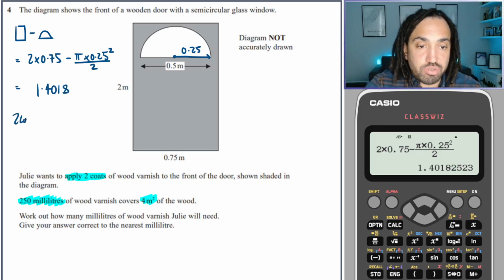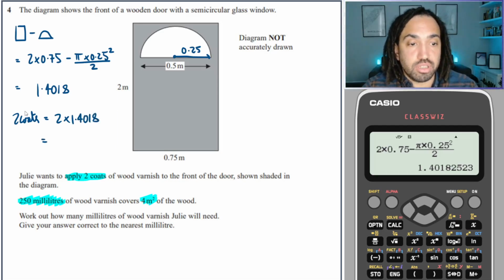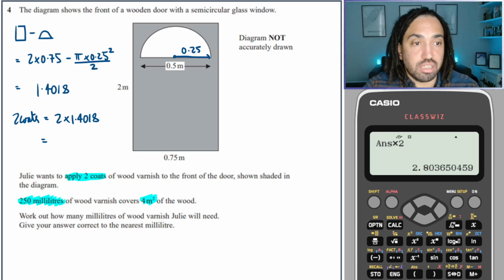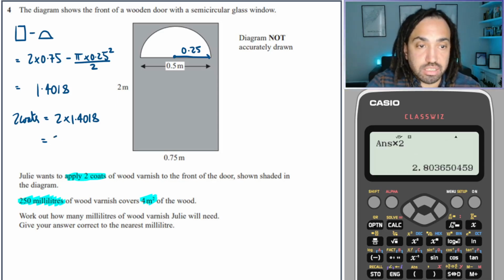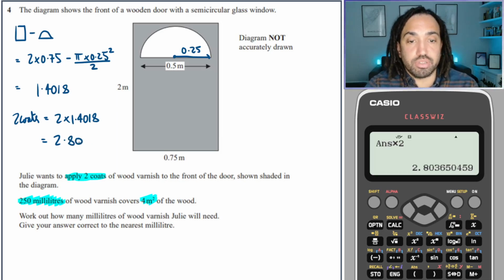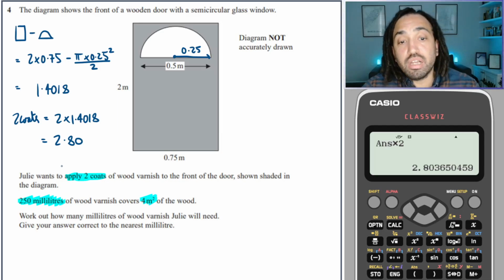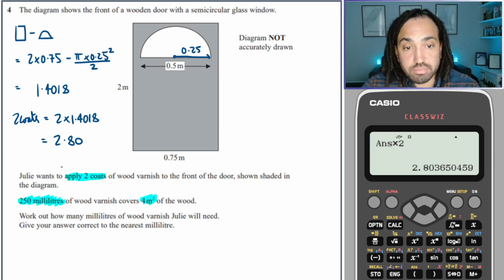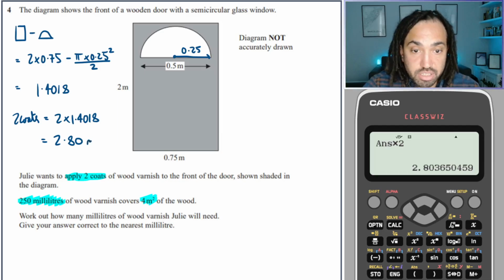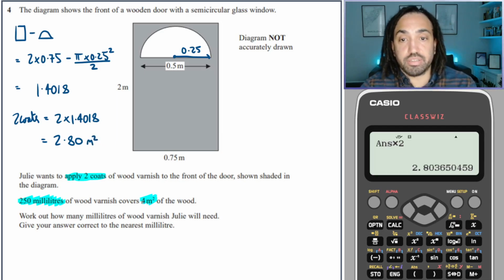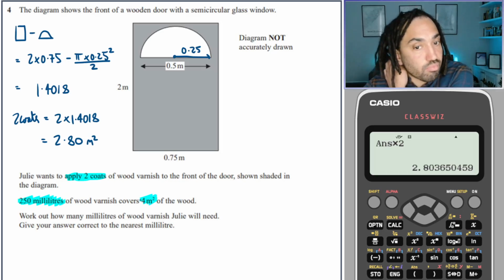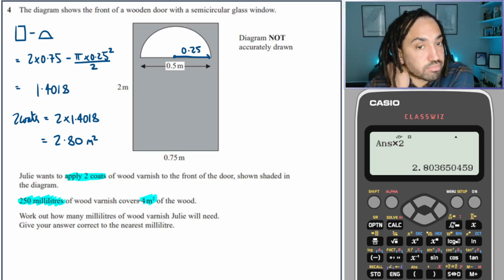Now, because we need to do 2 coats, we're essentially doing 2 times the area. So I just double that because I need to paint it twice. So I need to paint this much area. I think that will do for accuracy. Okay, and that is meters squared.